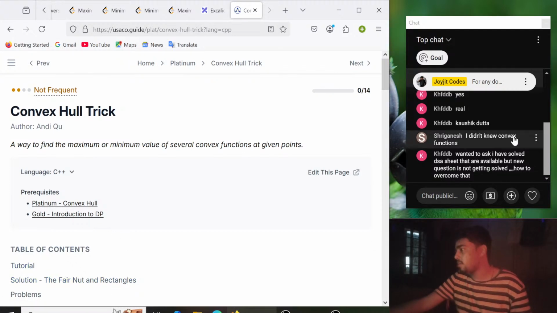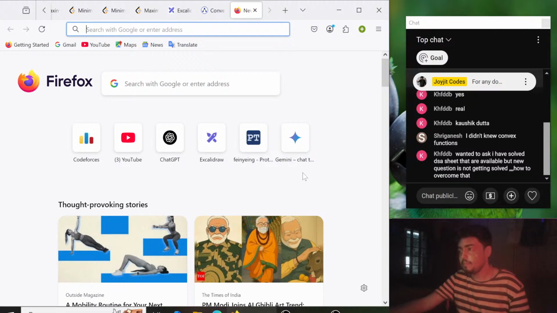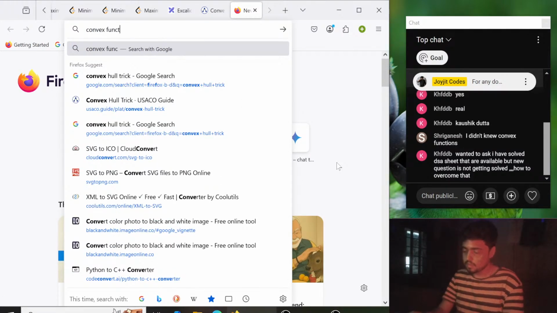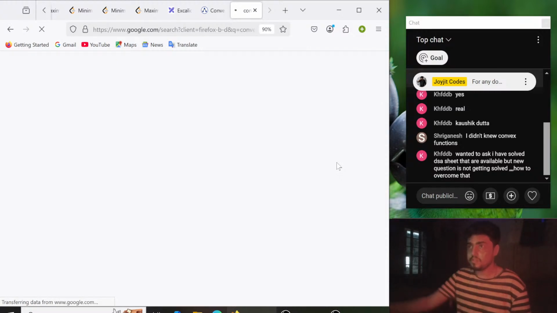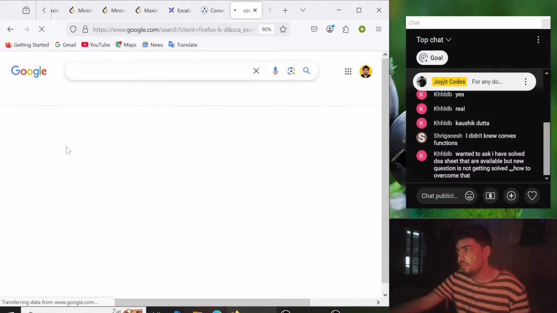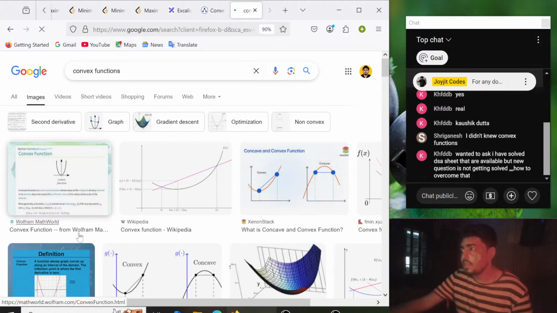Even I didn't know about convex functions. One convex function means that maxima minima thing, right? Let me just check it out also. Yeah, that is the maxima minima thing.